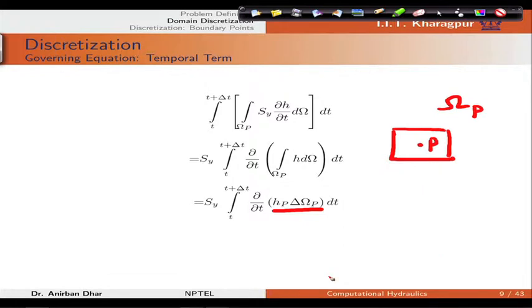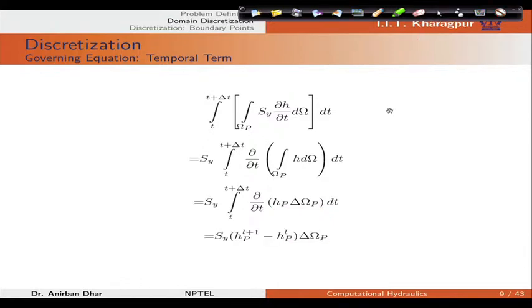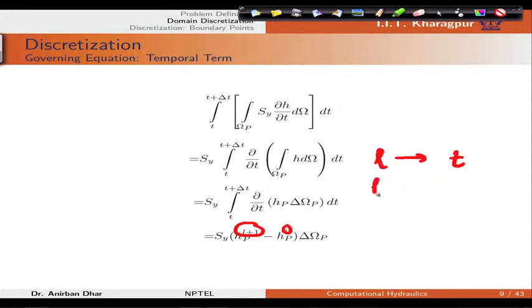Now, we need to integrate it. Obviously, if we integrate it over the time period or time interval, we will get something. So, what is that? We will get Hp from L plus 1 to L, because L corresponds to t and L plus 1 corresponds to t plus delta t.